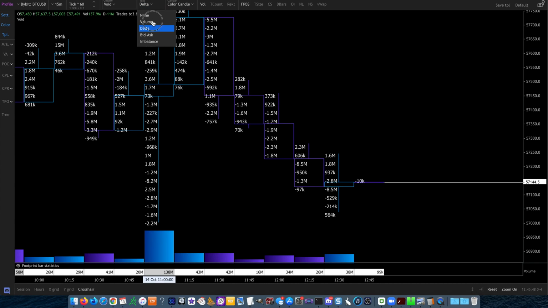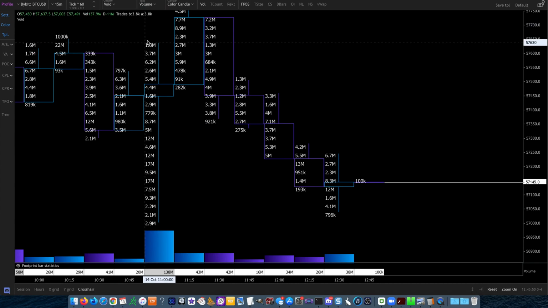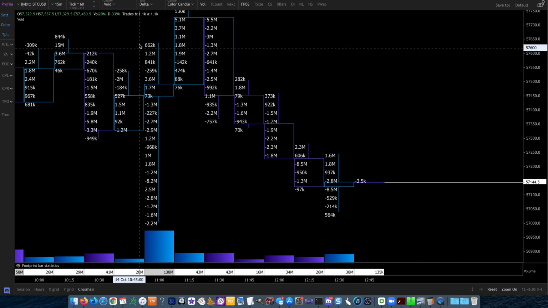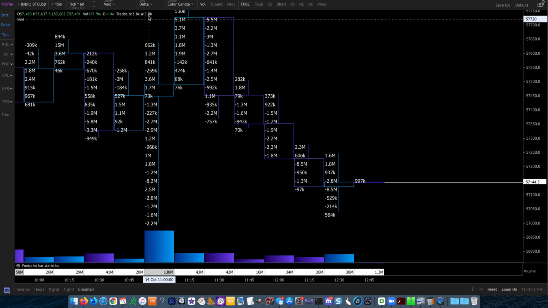So just to recap quickly, the volume is the total number of market transactions altogether. The bid-ask profile is showing you how many individual sells, on the left, and individual buys, on the right. And then the delta is showing you the net amount of either buys or sells, whichever is more.